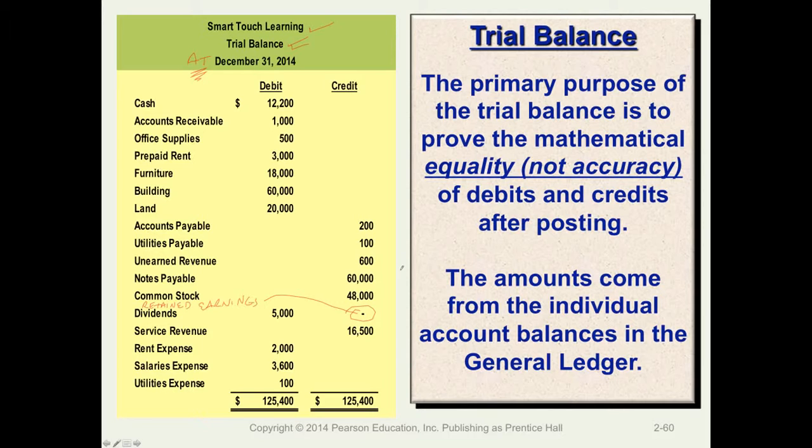So it's the first year of operations, and Smart Touch does not have retained earnings. And of course, here, debits equal credits, but it just tells us that debits and credits are equal after posting from the journal to the ledger. It doesn't mean it's accurate. And again, these amounts all come from the T accounts in the general ledger.